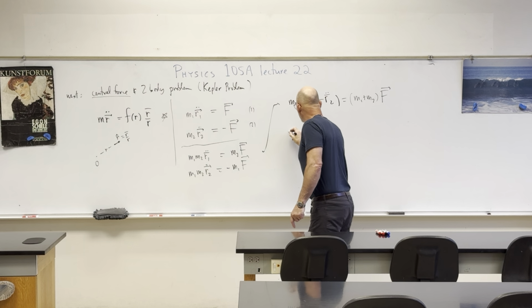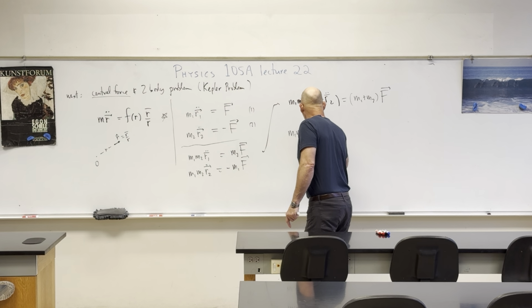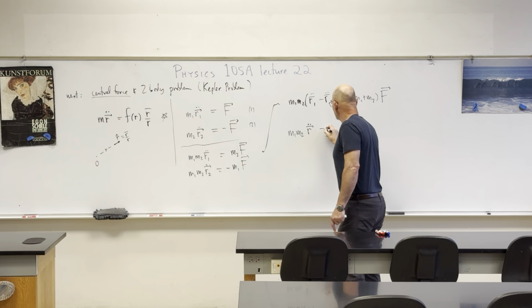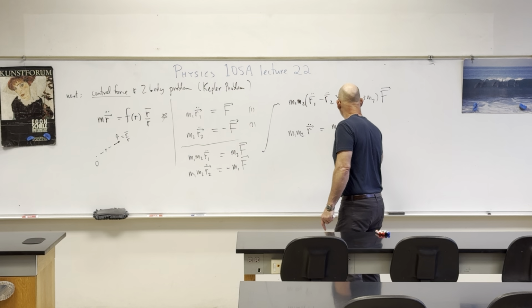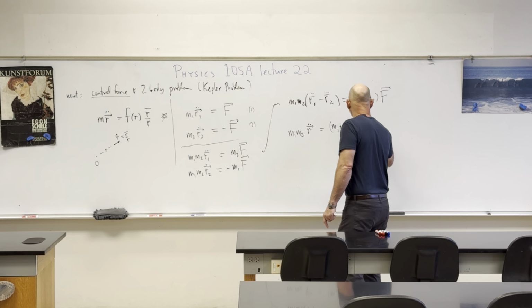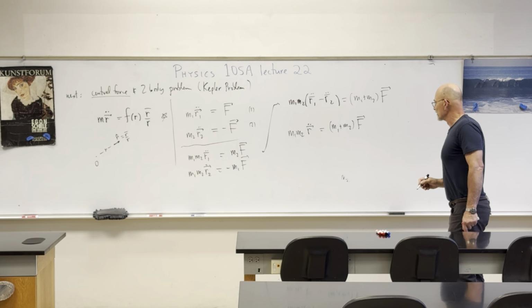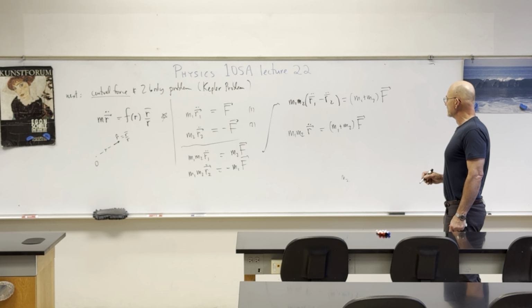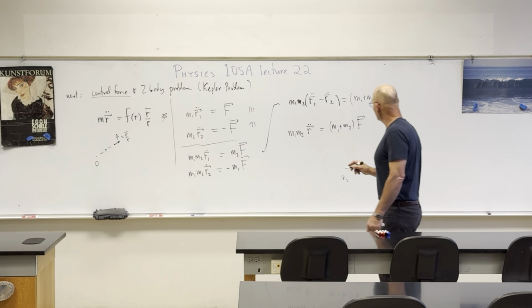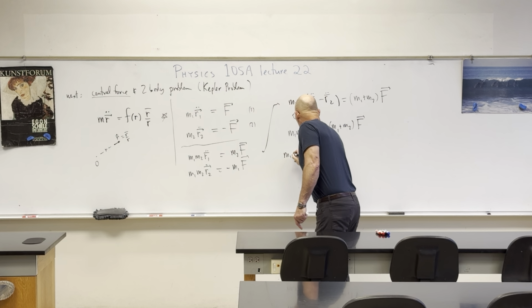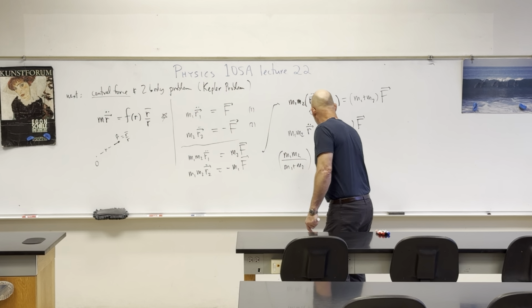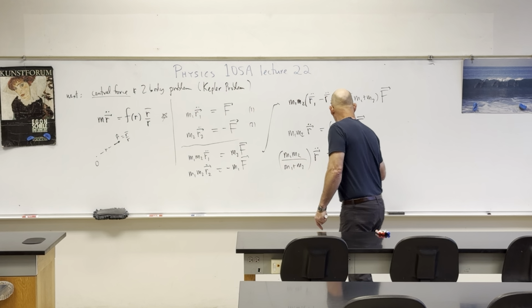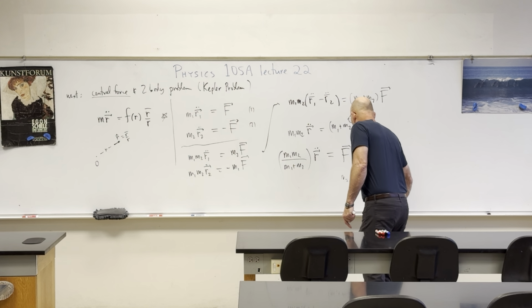So what I've done is M1 M2 r second derivative equals M1 plus M2 times F. And if I write it this way, M1 M2 divided by M1 plus M2, put parentheses around this, and this is the force between those two objects.